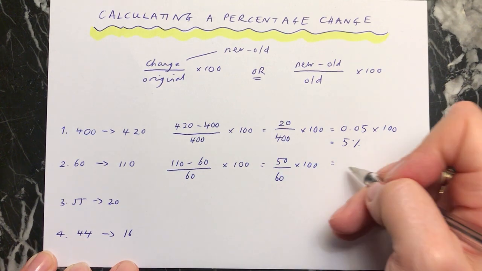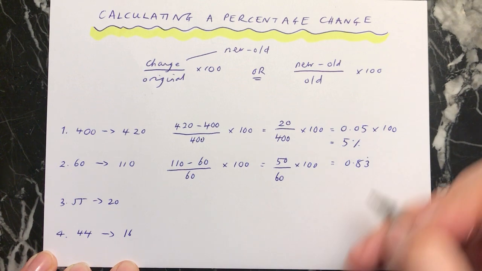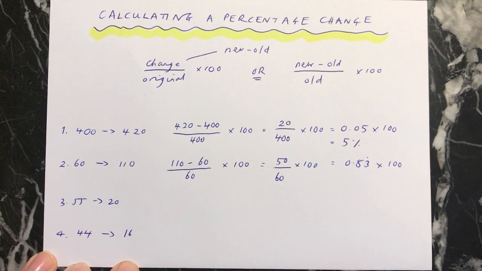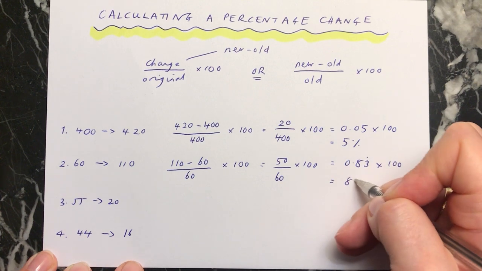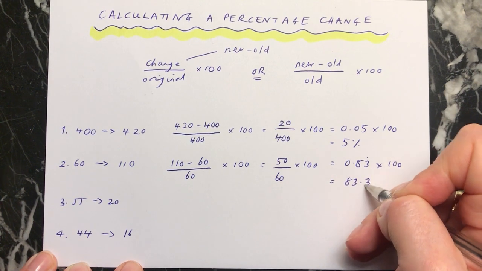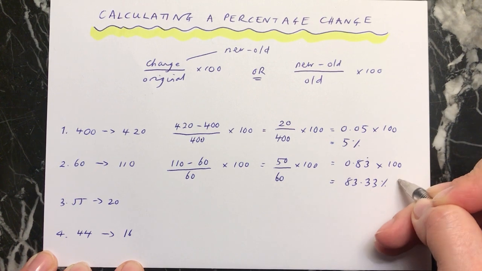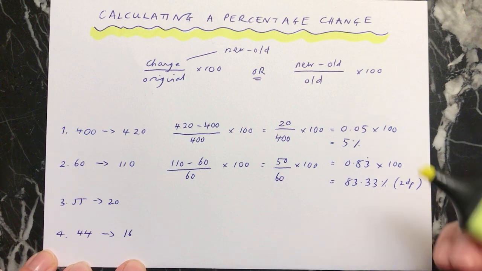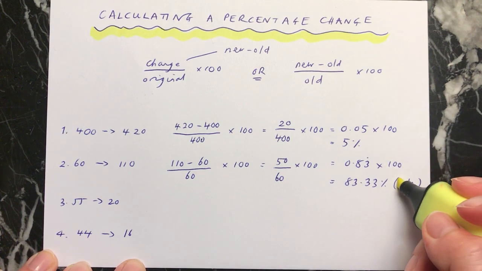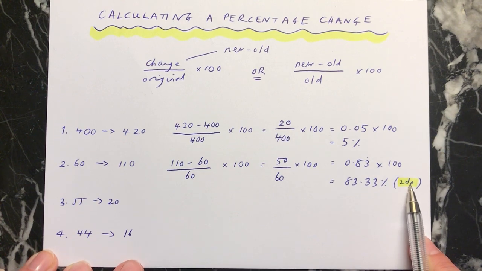And that works out as 0.83 recurring times 100, and therefore your answer is going to be 83.33%, and this is to 2 decimal places. And in economics we generally write our answers, and in A-level economics we always do, to 2 decimal places, so you round to 2 decimal places.